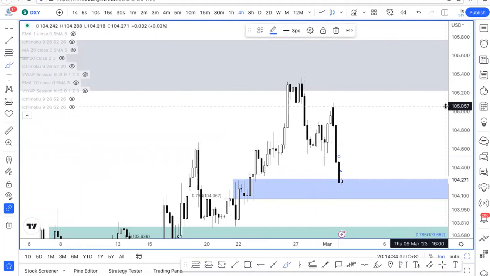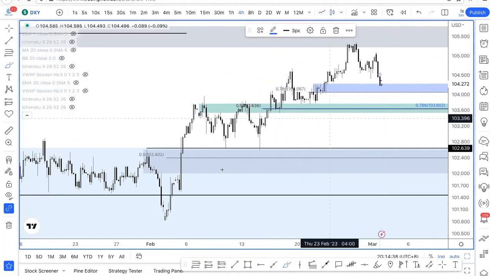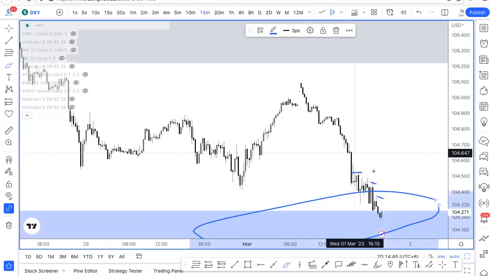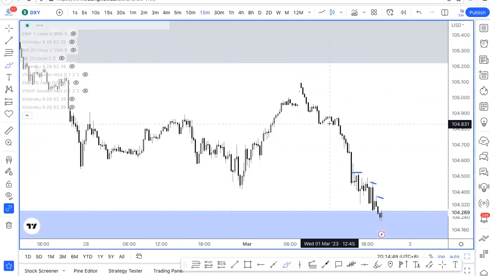So this is the picture on dollar index right now. I think that we could still see more upside here. For more confirmation, we need to wait for a change in structure on your lower time frame. On your 15 minutes, it's still pretty bearish right now.